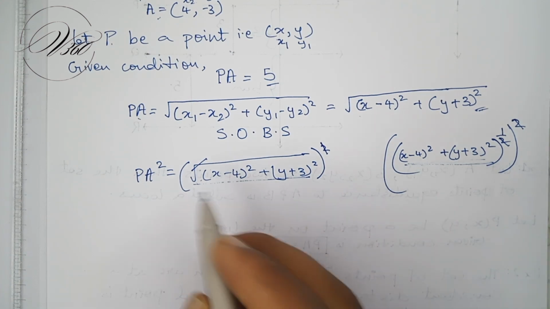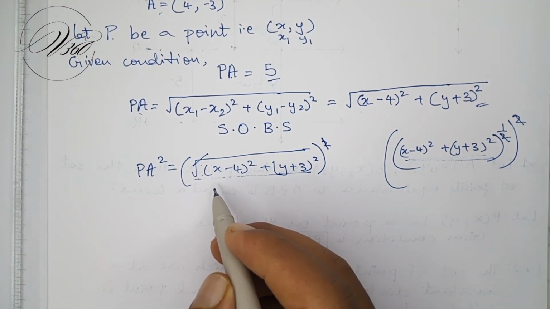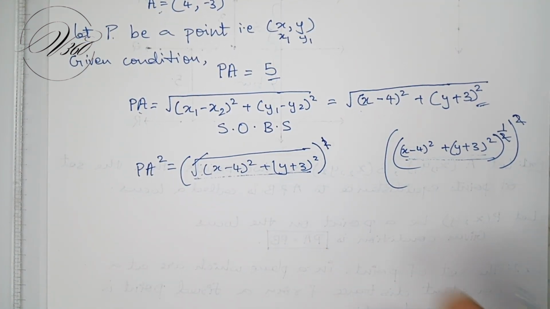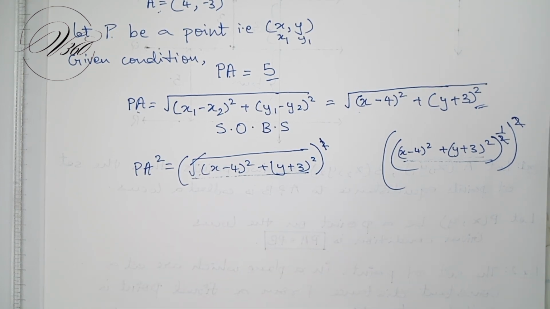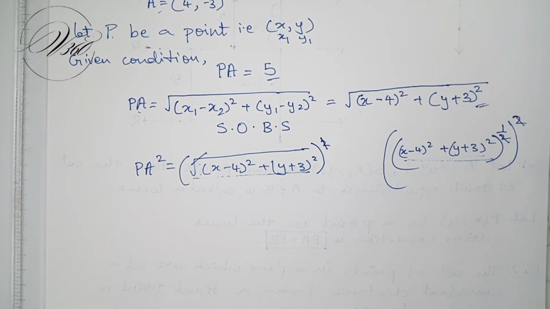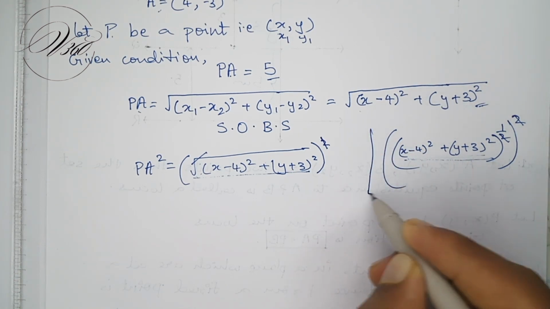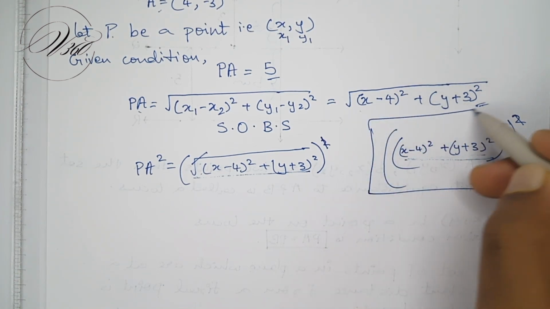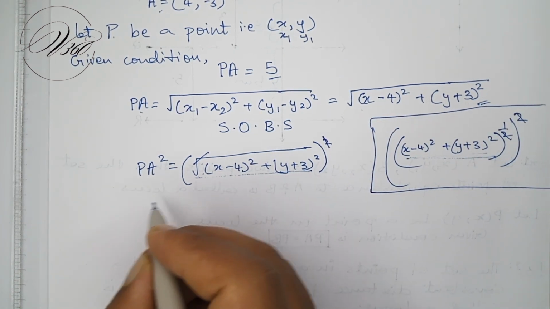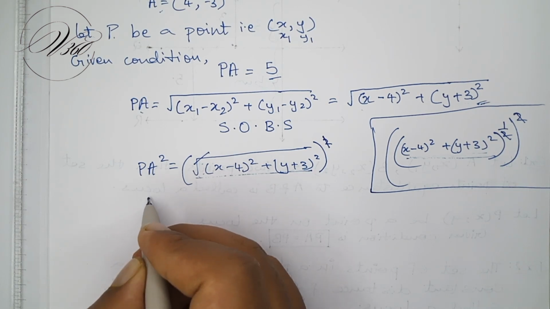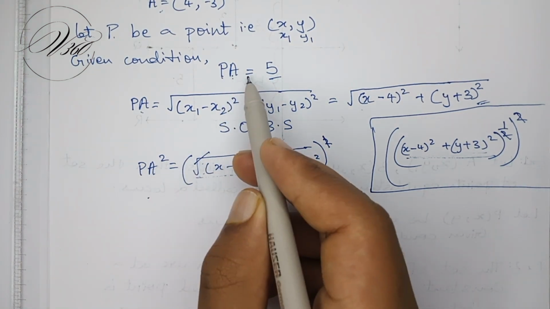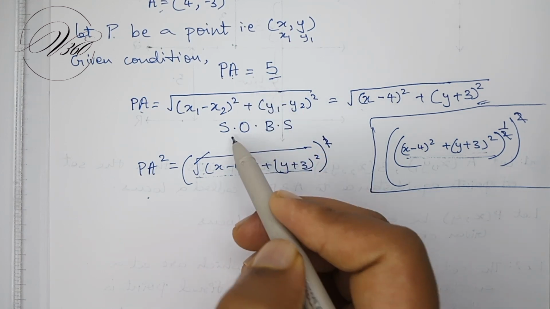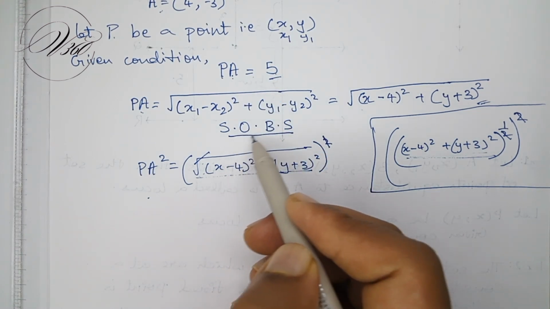Now why have I done it like the direct method? It is very simple and we can understand it. Few people will not understand, so I have explained this in a long form. Okay, now we'll go to the problem. Now here PA is 5, and we have now squared on both sides.